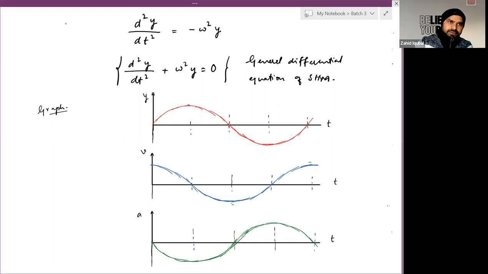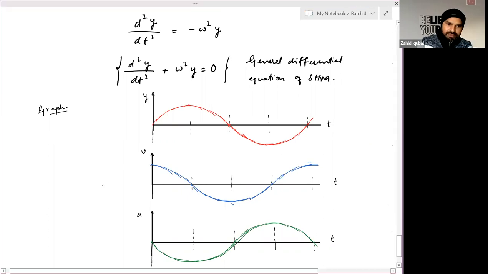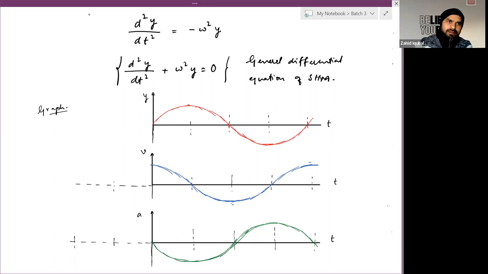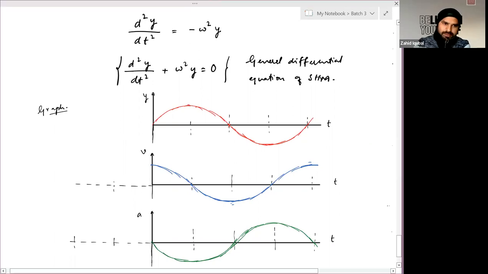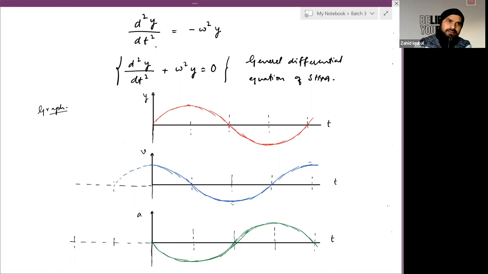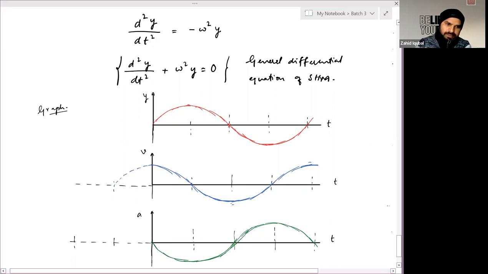So we have to first define the phase relation between these different quantities. To define phase, just proceed this curve slightly backward. So if you proceed this velocity to have starting at this point, and for acceleration, it will be like this.